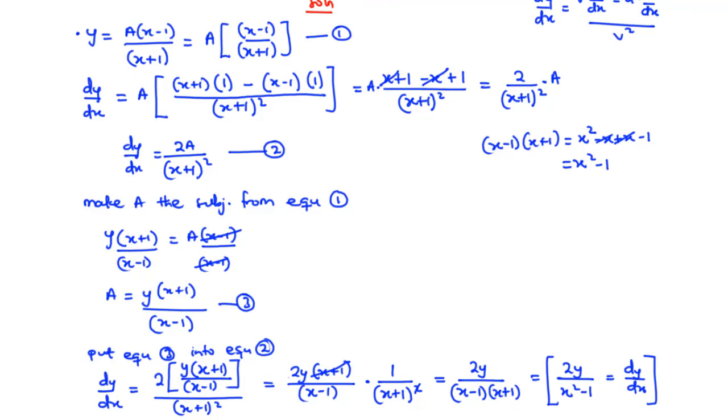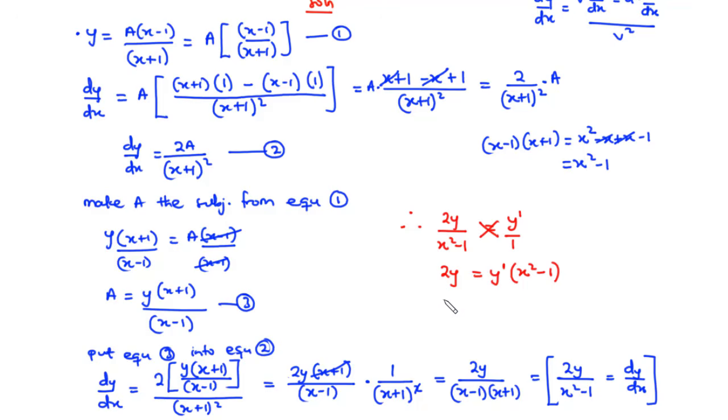Now you can rewrite dy/dx as y prime, so that you have 2y over (x squared minus 1) equals y prime. So you cross multiply, and then you have 2y equals y prime times (x squared minus 1).